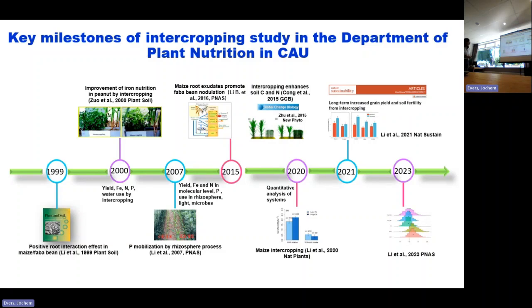And we also did a lot of modeling work in collaboration with Wageningen, and some quantitative analysis like meta-analysis working with Wodka, and some long-term experiments led by Professor Li Long, and got a lot of achievements.